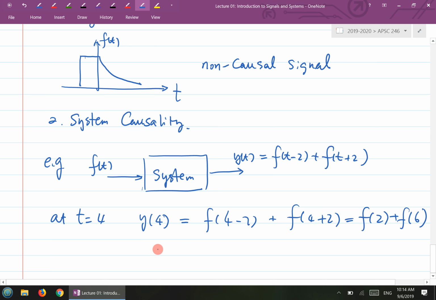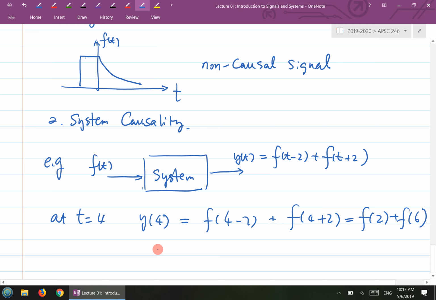Now, did you see anything abnormal here? The output at t equal to 4 is given by the input at t equal to 2 and the input at t equal to 6.